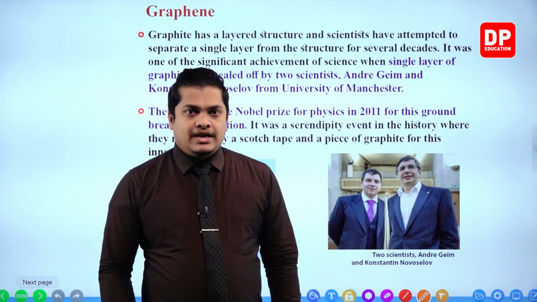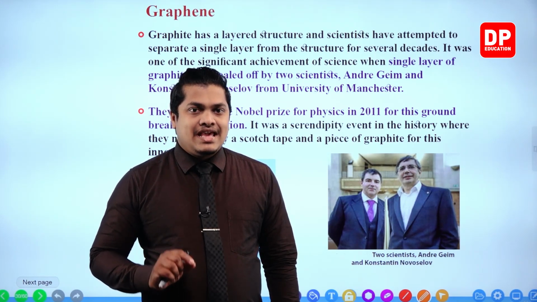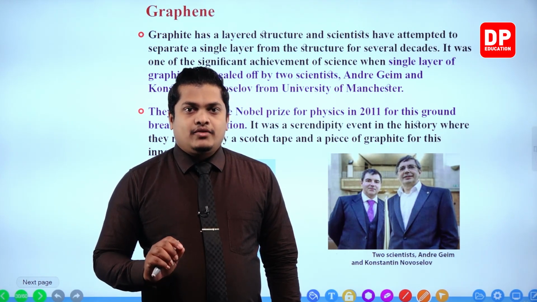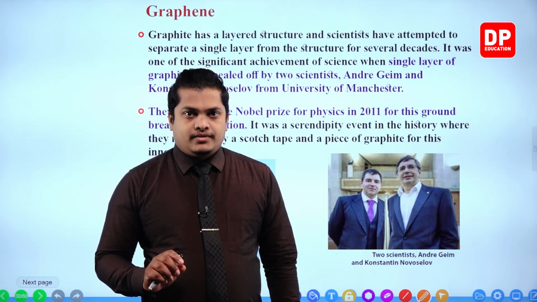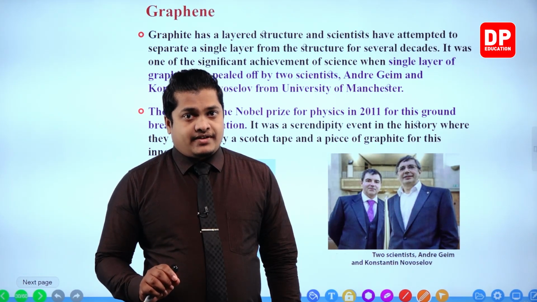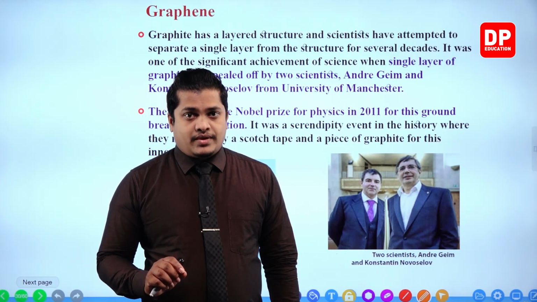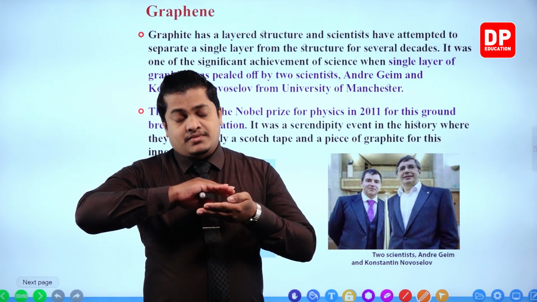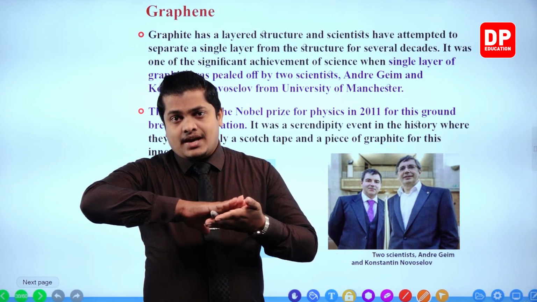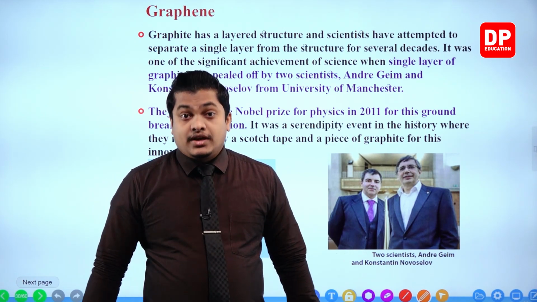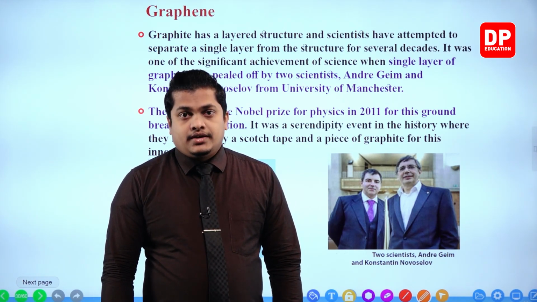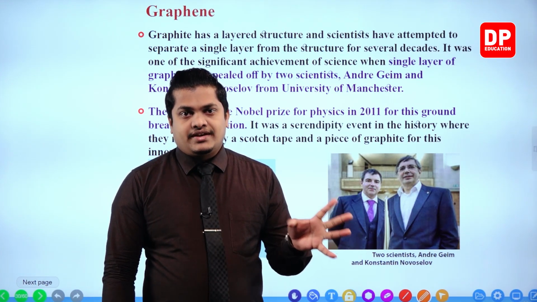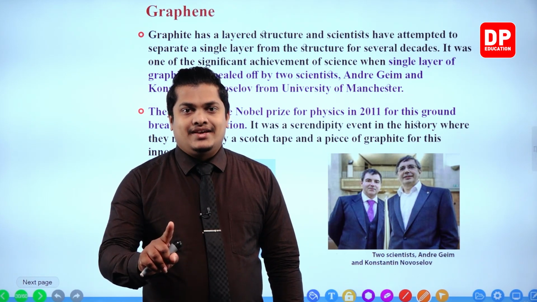I told you that graphite has certain layers, and graphite has another property, which is referred to as its lubricative nature. It's because those layers can slide past each other because of the weaker bonds, right? Graphene is one single layer of that graphite structure, that's it.